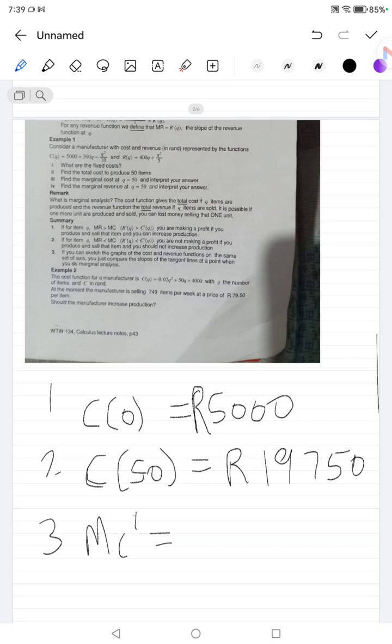We check the cost side, and we're going to be left with 300 minus Q over 5. So that's just the first derivative for that one.